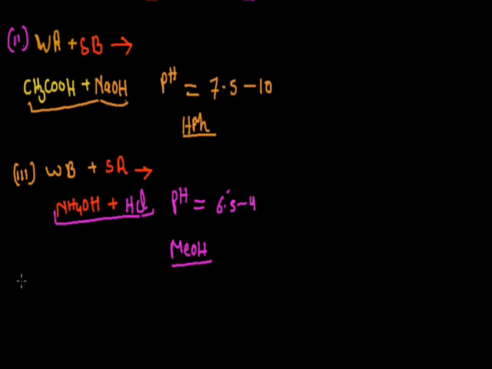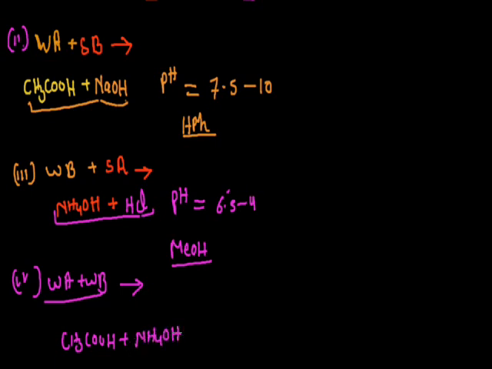Now the last, fourth category, is weak acid and weak base. We take the example of CH3COOH, a weak acid, plus weak base NH4OH, ammonium hydroxide. In these types of titration, the pH range becomes 7.